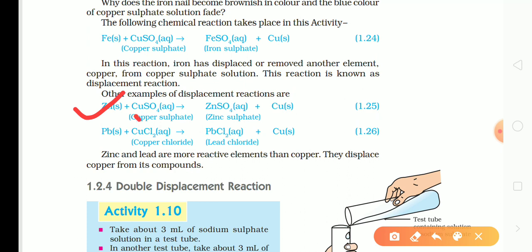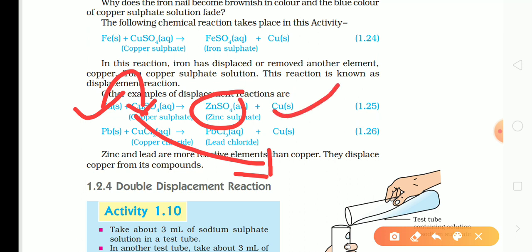Zinc will kick out copper and it will occupy the position of copper. So it would be zinc sulfate and copper has gone out. Initially SO4 was the girlfriend of copper. Now SO4 becomes the girlfriend of zinc. And who becomes single? Yeah, copper becomes single.